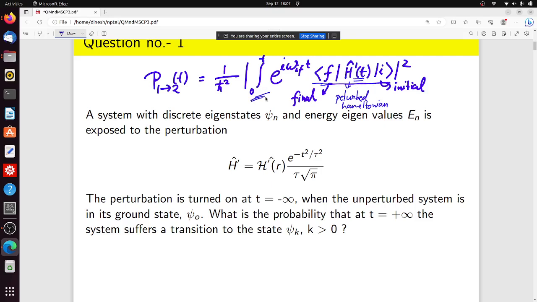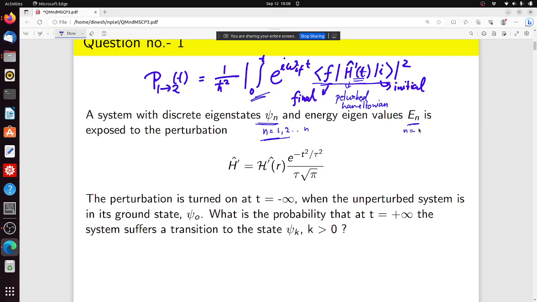In this question we are given that psi n are discrete states, with n going from 1 to n, corresponding to eigenvalues En.